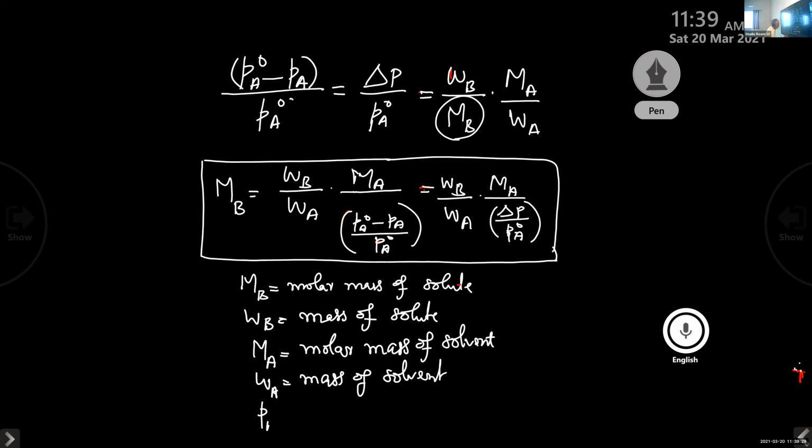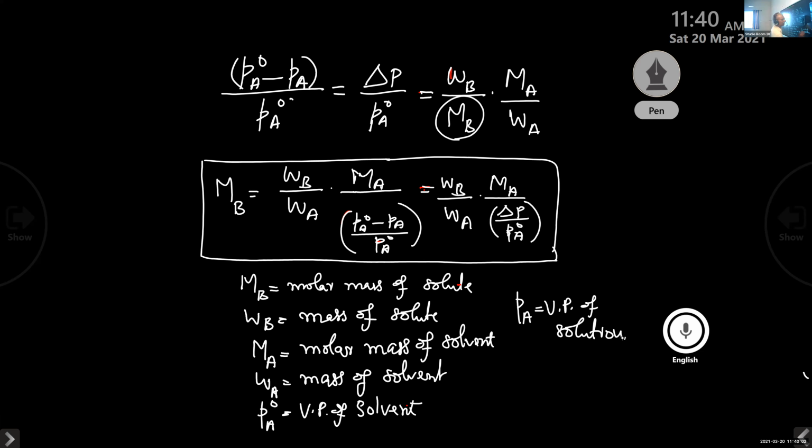PA0 is equal to the vapor pressure of a pure solvent. And what is PA? PA is equal to the vapor pressure of a solution.